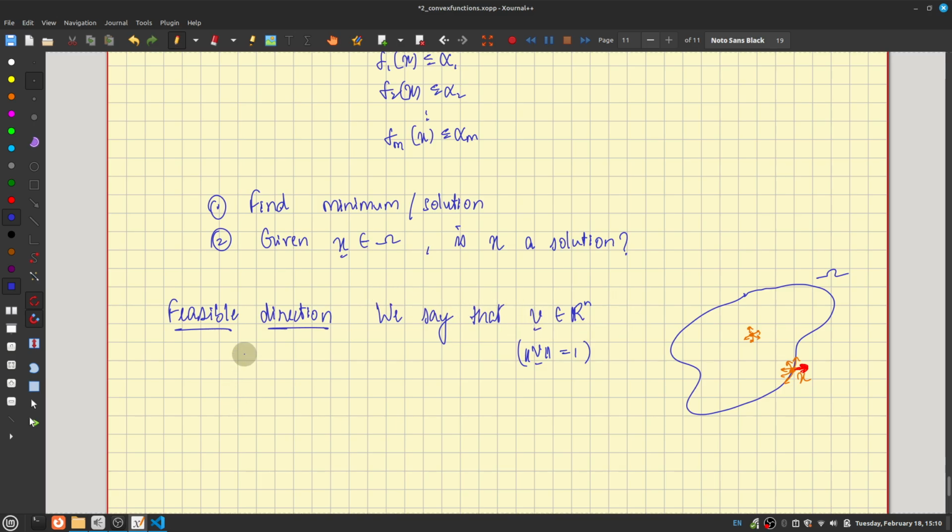So we say that v is a feasible direction for f at some point x. Again, implicitly, we're assuming that we're operating with some constraint set omega.